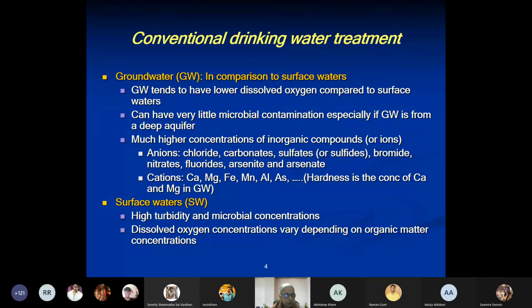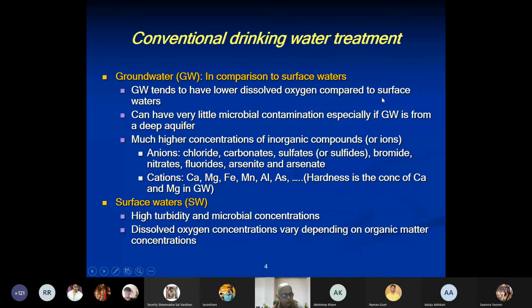Now, you do realize that groundwater is found below the subsurface, and because it's below the subsurface, it is not in equilibrium with the atmosphere or with atmospheric oxygen. So, because of that, the dissolved oxygen level will be less than surface water.